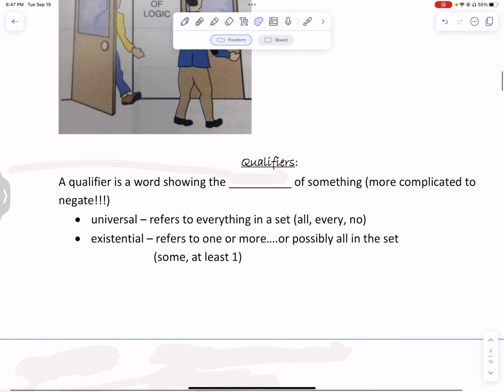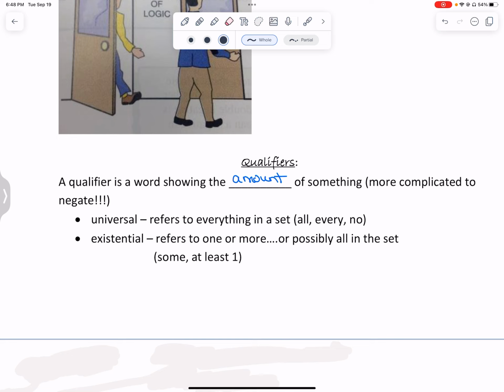Okay, so let's talk about some more words. One is called a qualifier, and that is a word that shows the amount of something. This is a lot more complicated to negate. So universal refers to everything in a sense. So all people are hungry, or everybody failed the math test, or nobody likes pumpkins.